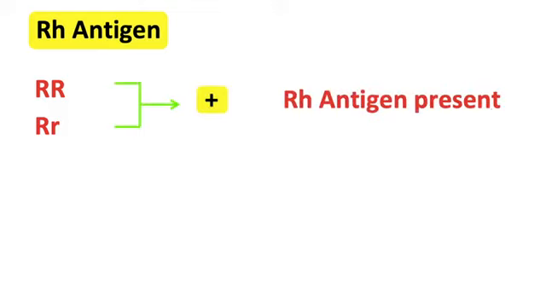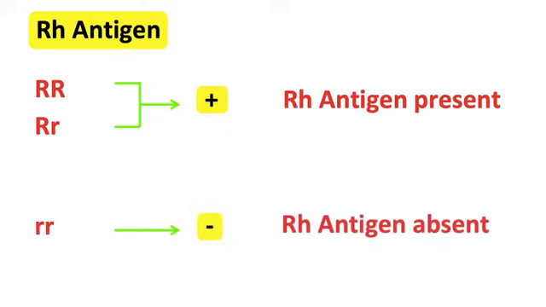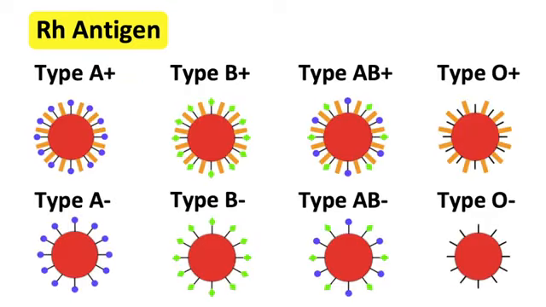If you are homozygous recessive type, then you will be Rh negative. So here are all 8 different types of blood. Type A positive, type A negative, type B positive, type B negative, type AB positive, type AB negative, type O positive, type O negative.